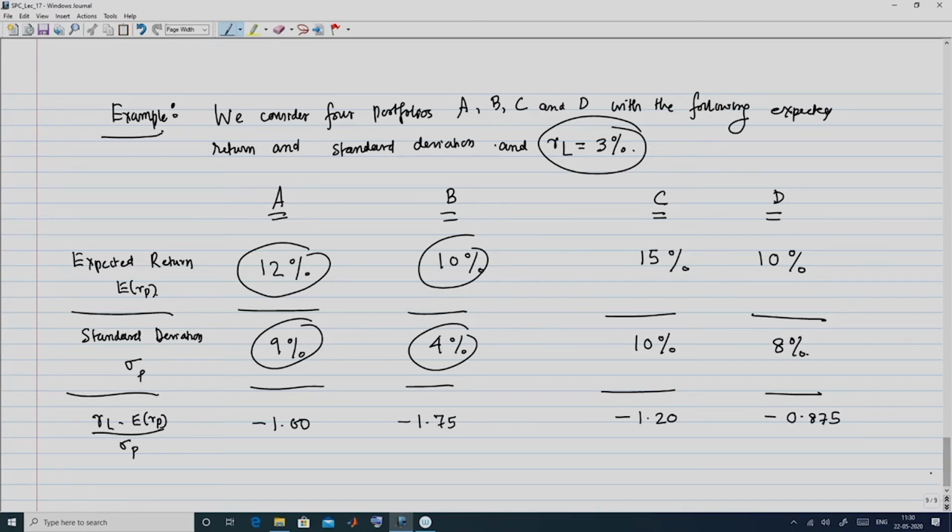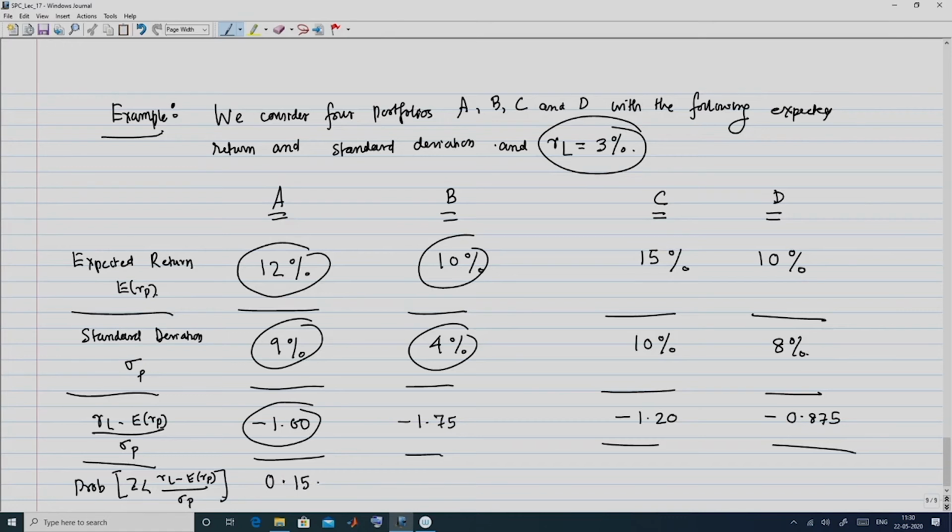So, now what is going to be the probability? We will now calculate the probability of Z being less than R L minus E R p over sigma p. So, what is the probability that Z is less than minus 1? This probability from the table turns out to be 0.1587. The probability that Z is less than minus 1.75 is going to be 0.0401.